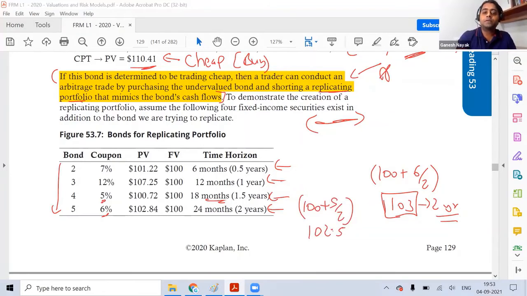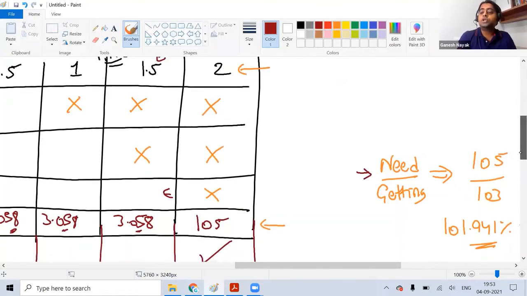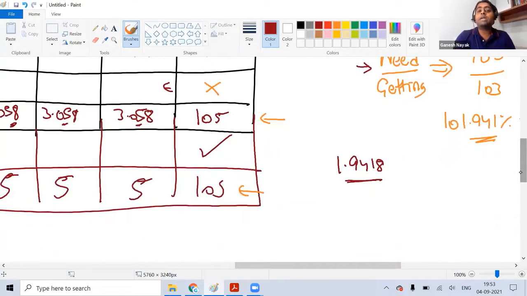Very simple, right? So coming back to this logic, okay, how much was I looking out for? How much did I need? 1.914. But if I purchase this bond entirely, I'm going to get 102.5. Give me the answer in terms of percentage. If I divide this, what is the answer that I'm going to get? It's simple mathematics. You have to think of it in this way. If I purchase this entire bond, I will get 102 point something, but I don't need 102 point.